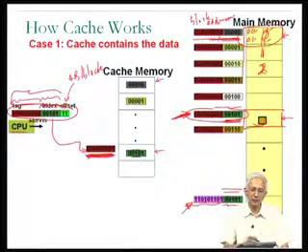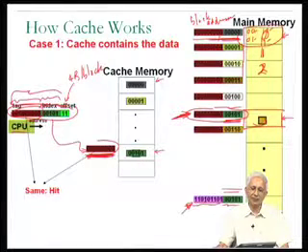It does this by comparing the tag bits from the address with the tag bits which are kept in the cache directory. If they are the same, then it is known that there has been a hit. In other words, the piece of data which the processor has requested is in fact present. It was present in the background, it is now covered up by the brown box, and can therefore be provided directly to the processor, and that was case 1.